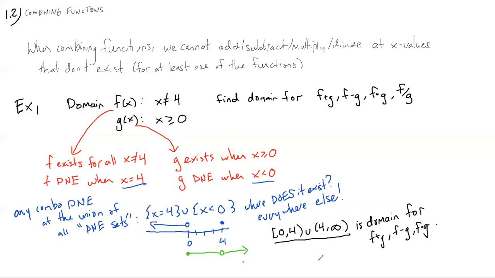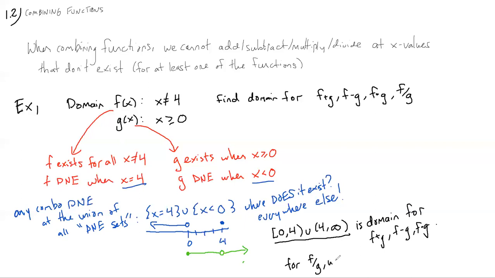I touched on this in the lesson for combining explicit functions. For f over g, there's a possibility that we divide by 0, so we would also have to exclude any points where g is 0. And again, that's the output, not x itself. We don't have that information, and with what I've provided for this question, you wouldn't be able to figure that out.